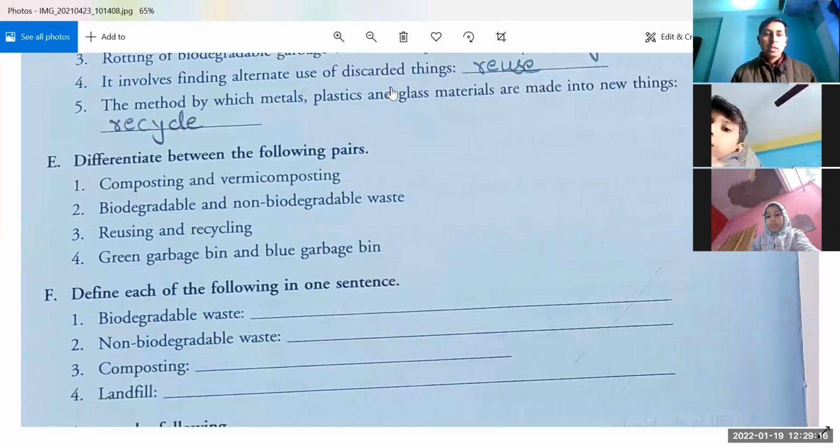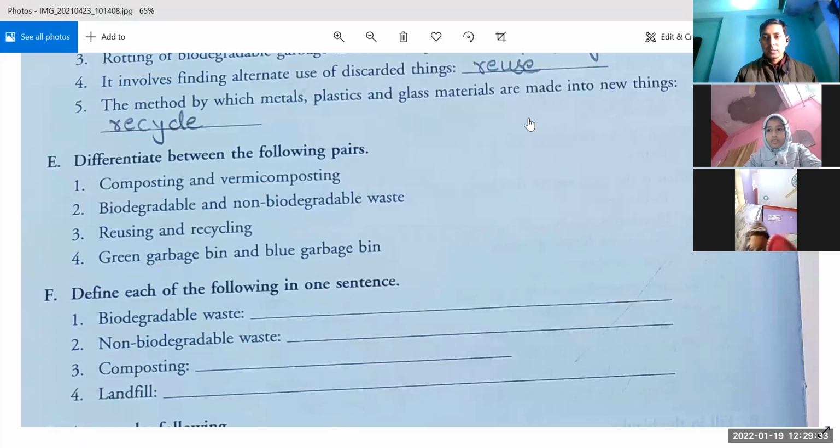Now we have composting and vermicomposting. Are you listening, Molly Singh? Yes, sir. Okay, I am writing the answer over here only. Composting and vermicomposting.